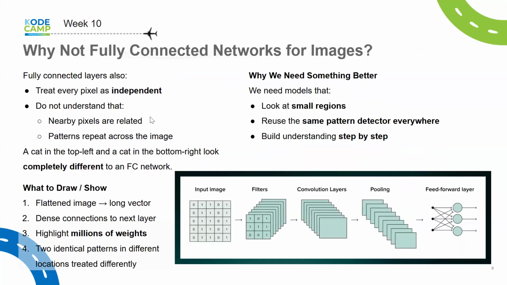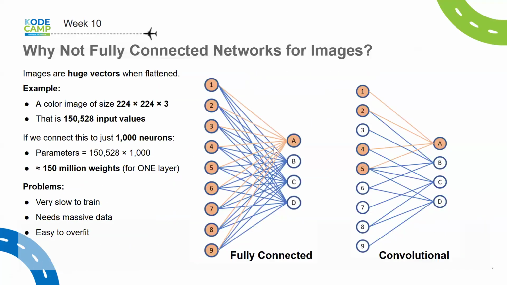There is no concept of nearbyness, right? Nearby pixels, because when you look at this fully connected network, the weights here are random initially. There's no correlation between weights of inputs that are close together and weights of inputs that are far apart.